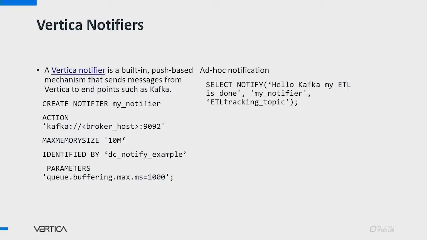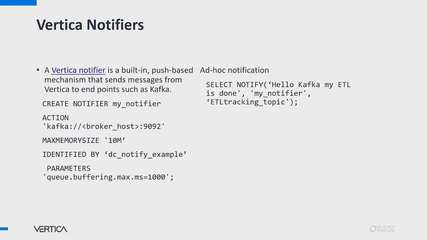The idea and the configuration are pretty straightforward. We create a notifier and we pass values like details about the Kafka broker and the maximum memory size that this notifier can have. The limit is 2 terabytes. And then we can also assign a unique identifier to a Kafka notifier.